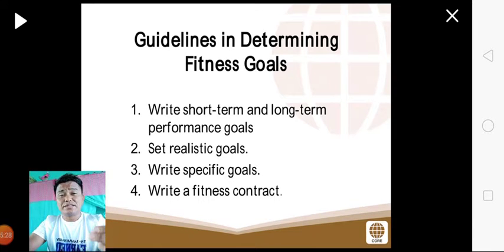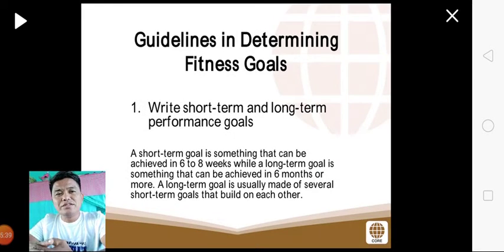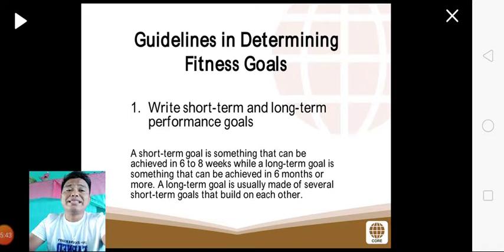You should be serious in everything so that you will not get injured. For short-term goals and long-term performance goals, a short-term goal is something that can be achieved in 6 to 8 weeks.